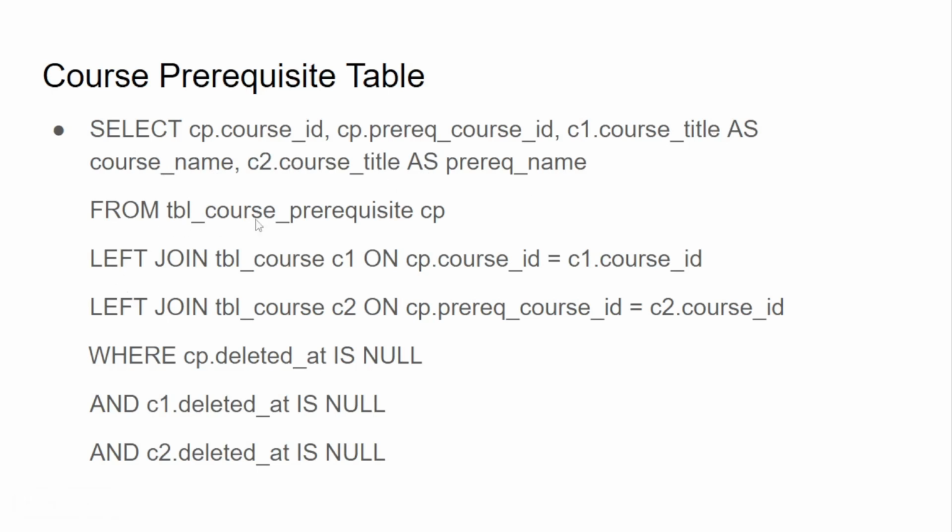We get this from the table prerequisite. We left join those two aliases, C1 and then C2, and then we filter it so that all of this should be only active values, or values that are not soft deleted. Same with this one, with the two aliases.